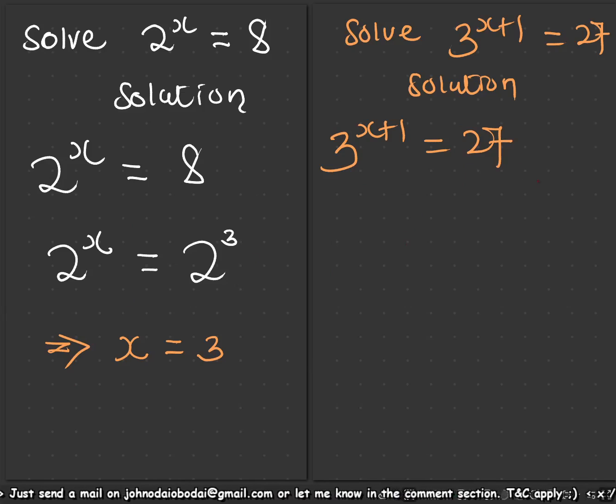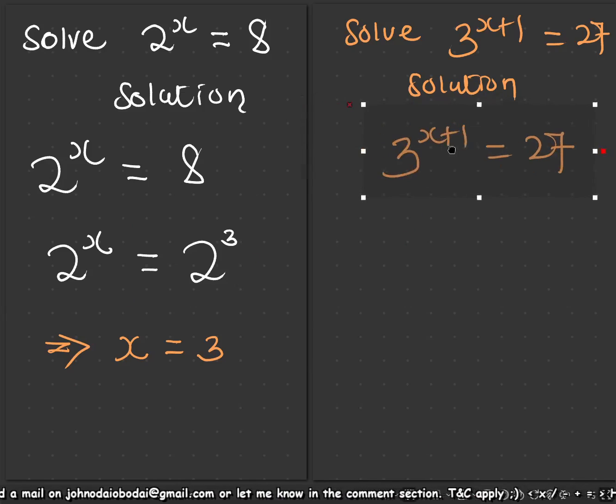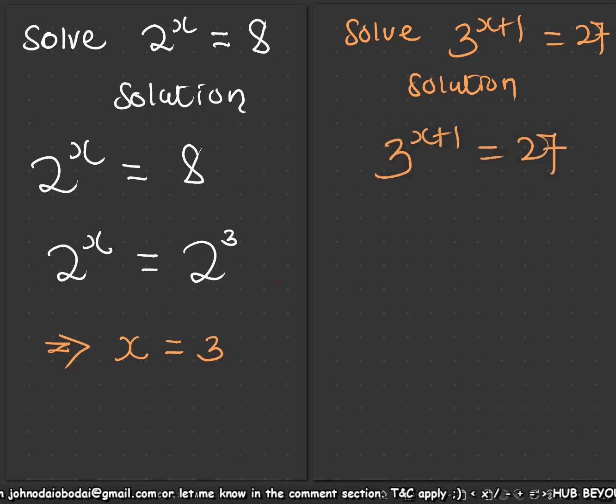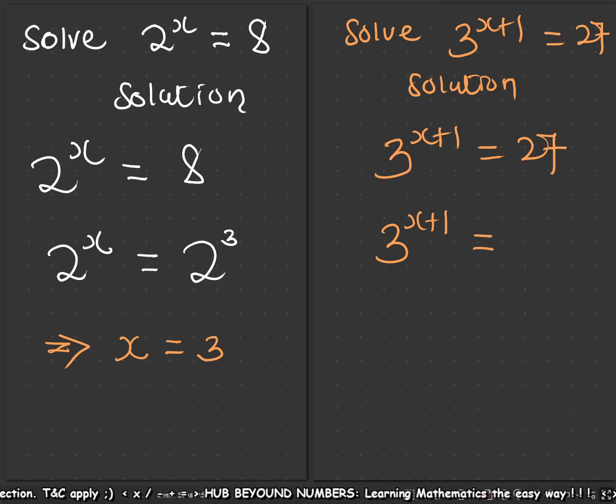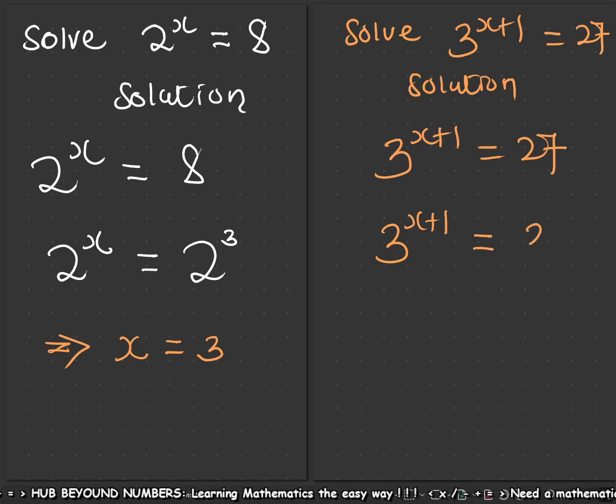So you ask yourself, is there any number that when you raise 3 to it as a power, you get 27? Yes, there is, and that is 3. So on our left hand side, we have 3 raised to the power x plus 1 being equal to, instead of 27, its index form, 3 to the power 3.